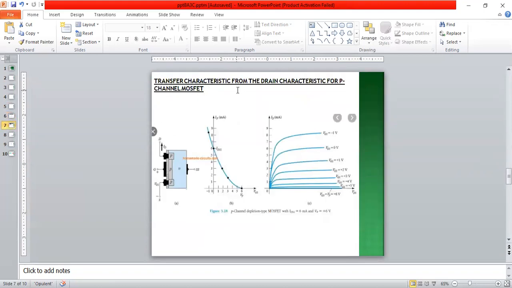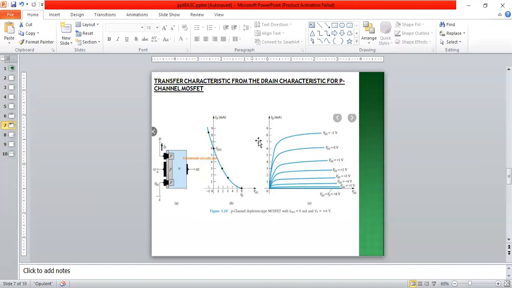Now the transfer characteristics from the drain characteristics for p-channel MOSFET. The similar things will work here, but here see the value of VGS is negative. So for p-channel MOSFET, we will consider the negative VGS, or we can say we consider VSG positive.